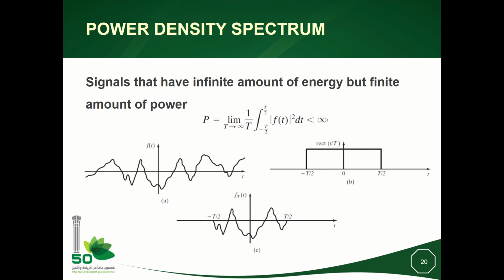For signals that have an infinite amount of energy but a finite amount of power, we can calculate the power P to be the limit of the average, 1 over T, the integral from minus T over 2 to plus T over 2 of f(t) squared dt, where we are integrating from minus T over 2 to plus T over 2 and letting T tend to plus infinity.